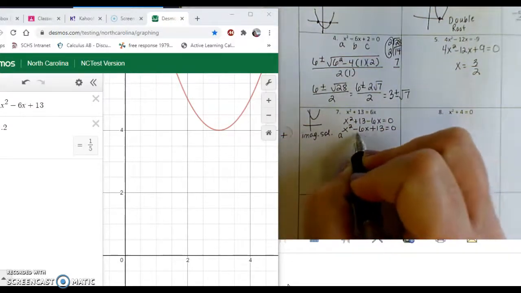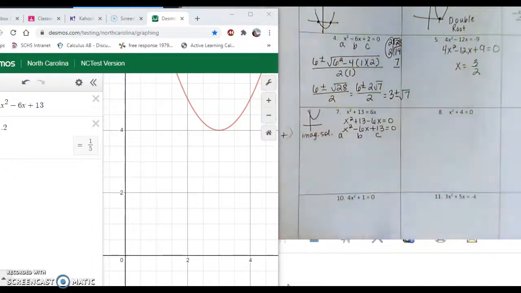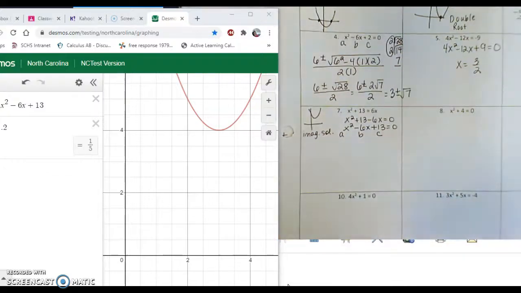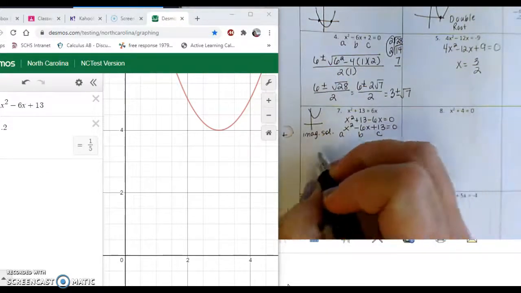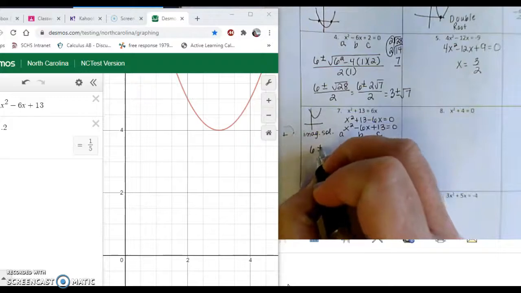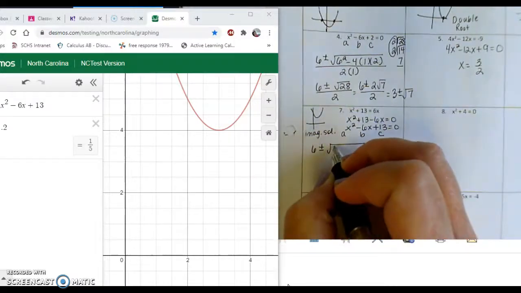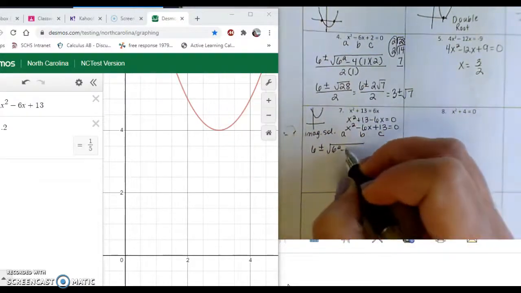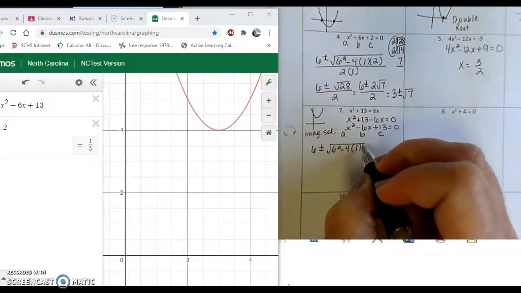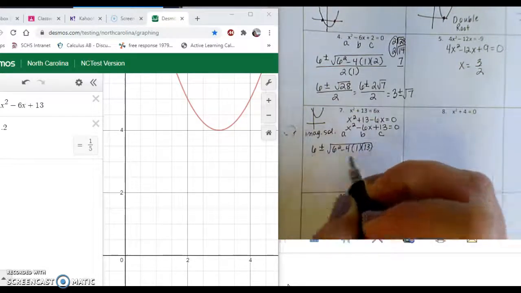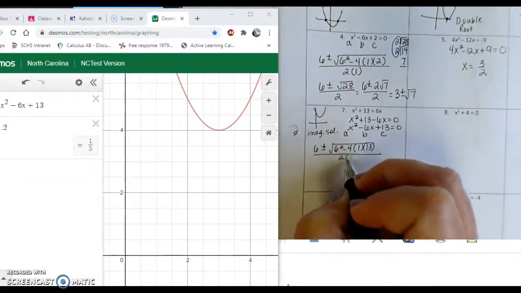So, A is 1, B is negative 6, C is 13. So, we have negative B, so change that sign, plus or minus square root. B squared, remember I always just drop that negative, minus 4AC over 2A.